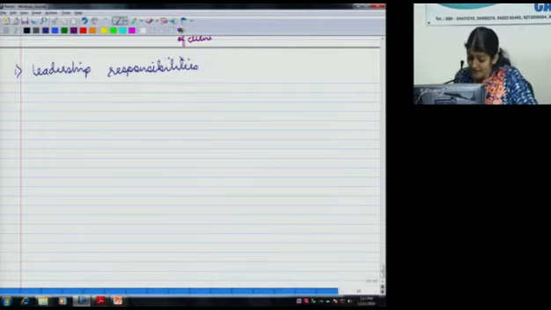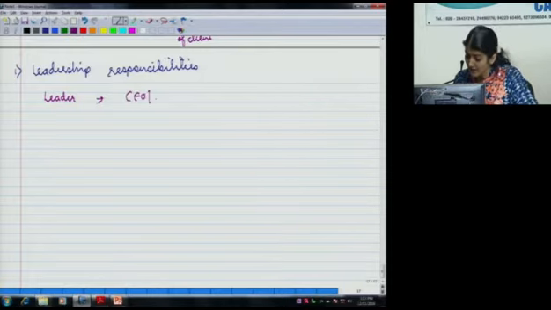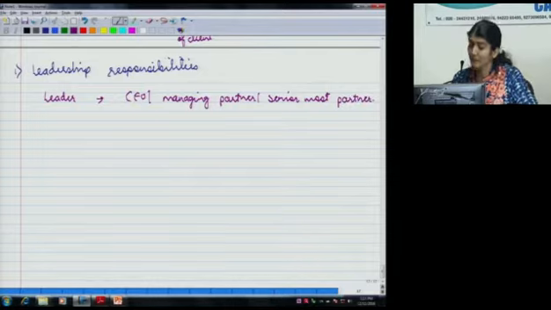So one, it says you need to identify the leader for the purpose of SQC1. So whom do you need to make the leader? The CEO, the managing partner, the senior most partner of the firm should be made the leader for the purpose of SQC1. Right?